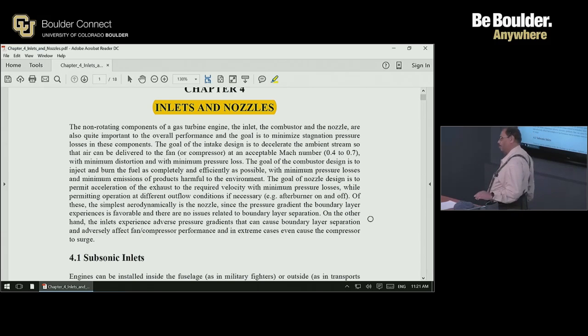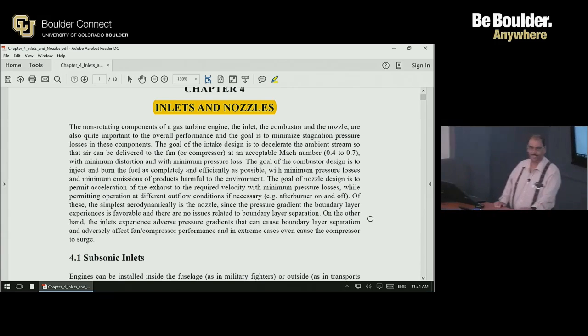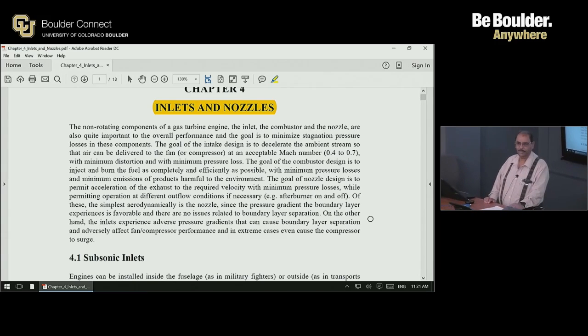So if you're cruising at Mach 2.5, you have to decelerate the flow from that Mach number to 0.6, and of course the only way to do it is through shock waves. So shock waves are unavoidable for supersonic inlets. Okay. The trick is to try and minimize the stagnation pressure losses due to the presence of shock waves in supersonic inlets. Okay. So that we will talk about. So that is a major difference between subsonic inlets and supersonic inlets.